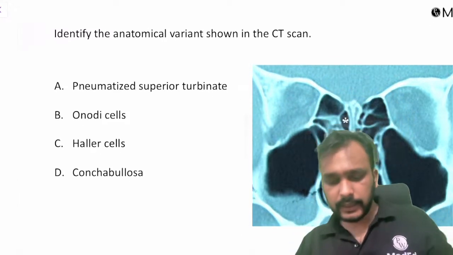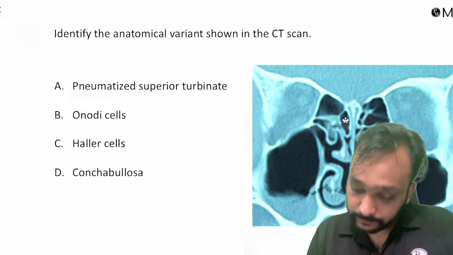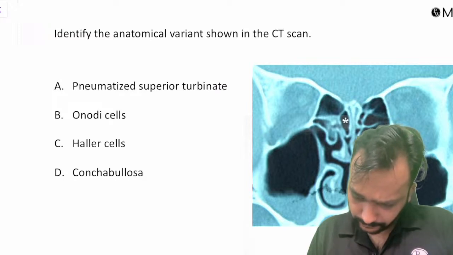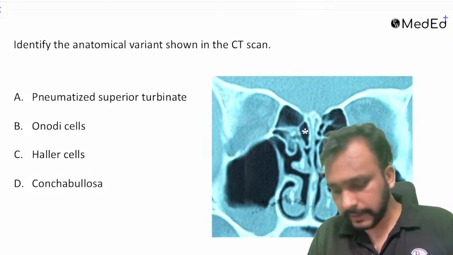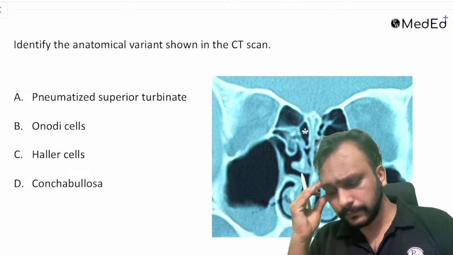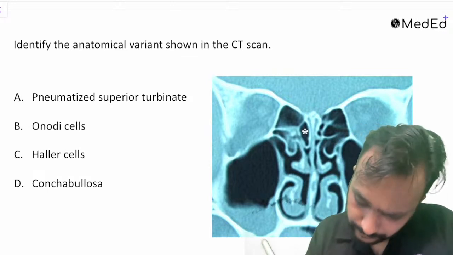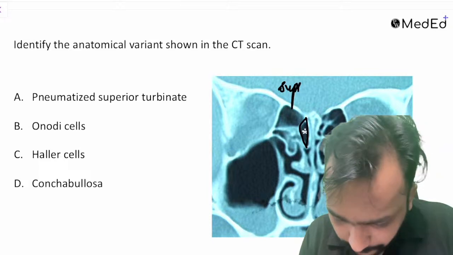Now guys, identify the anatomical variant shown in the CT scan, right? So in this image, what we can see, this is your superior turbinate.